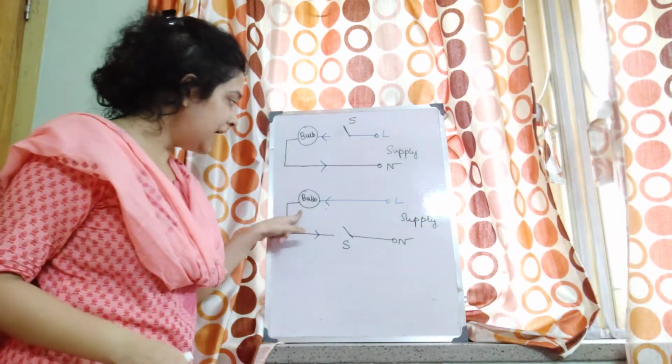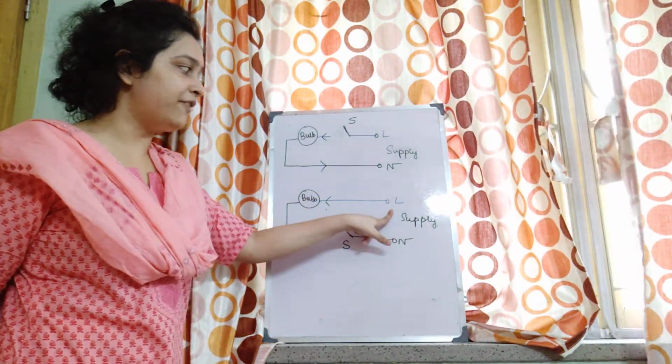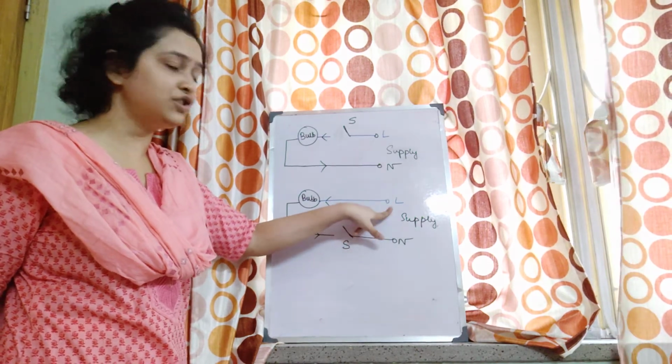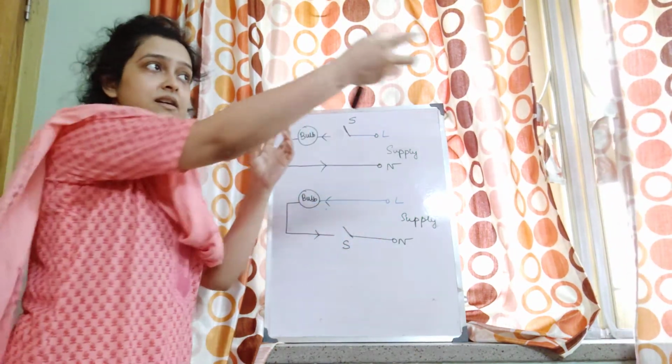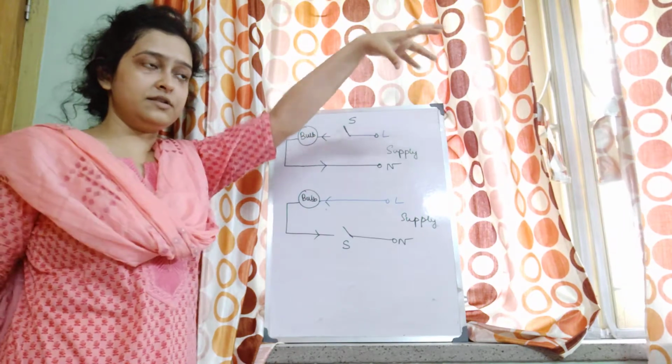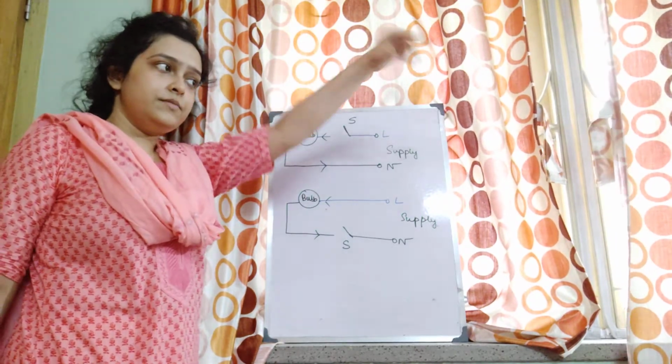But the bulb is still connected to the live wire, which is at a high potential. The live wire is carrying the current from the distribution box.